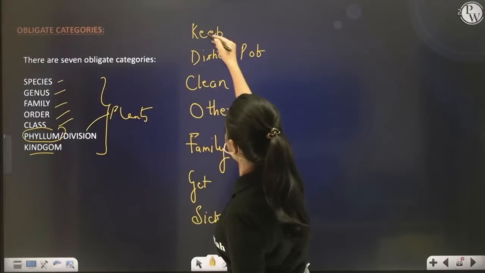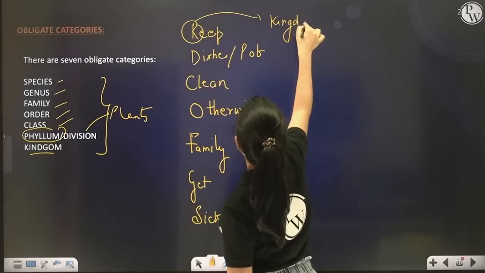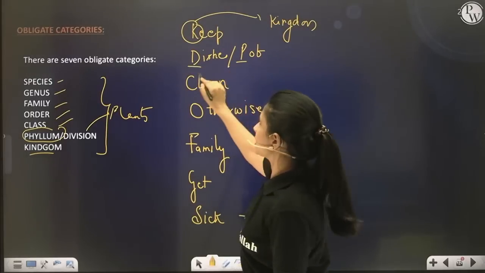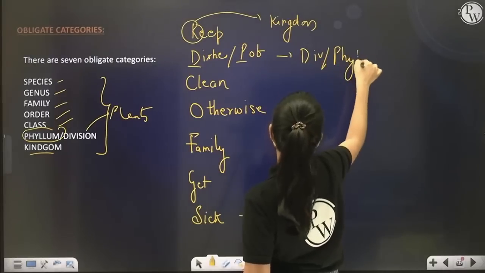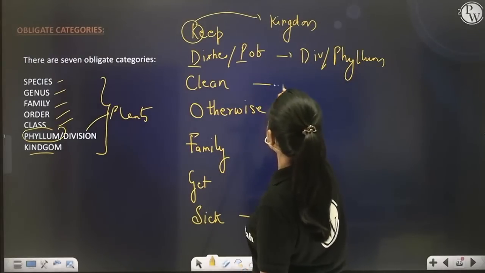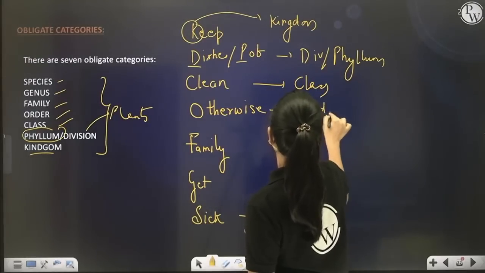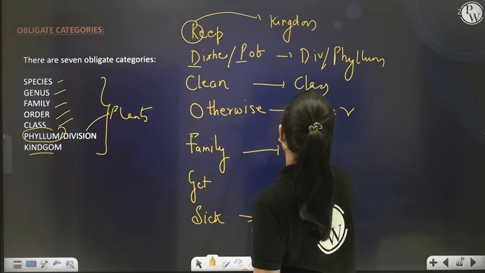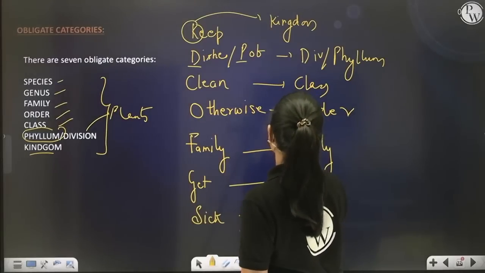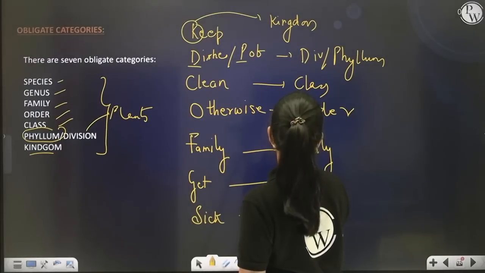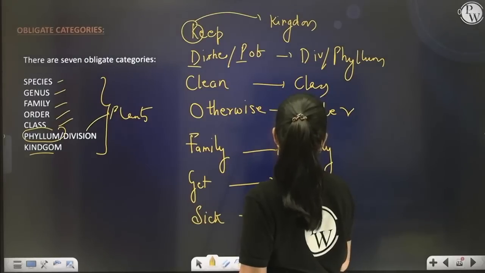Where K stands for kingdom, D or P stands for division or phylum as per what you are studying, C stands for class, O stands for order, F stands for family, G stands for genus, and S stands for species.